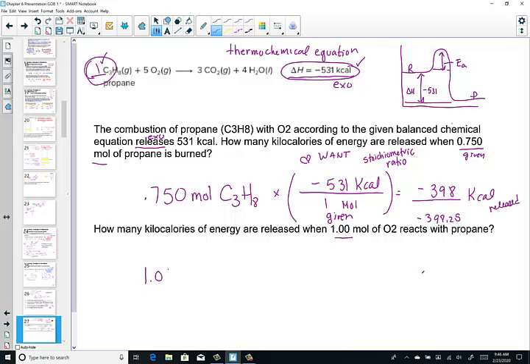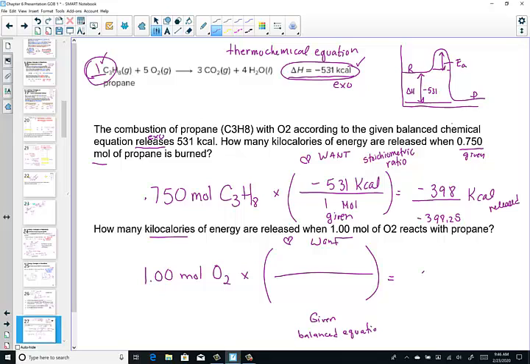What if we're given 1 mole of molecular oxygen and we're asked to solve for kcals of energy? With this conversion, we want to know kcals given moles of oxygen. And just think about your want over given ratio from the balanced thermochemical equation. Those conversion factors just come from your equation, don't they?